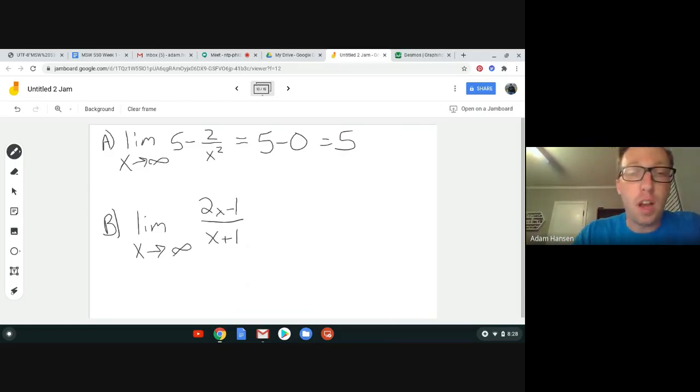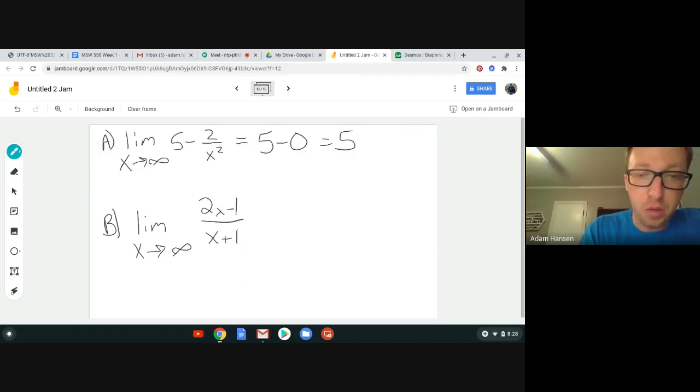Okay, now I have a rational function, 2x minus 1 divided by x plus 1. One kind of algebraic tool that's helpful here is I'm going to divide the top and bottom by the same thing. I'm going to divide by the largest power of x. The largest power of x in the numerator is x to the first, same thing in the denominator. So we're going to divide every single term by x.